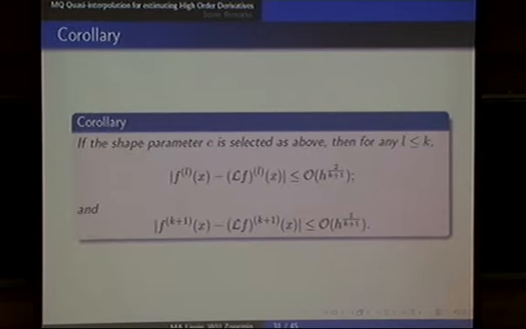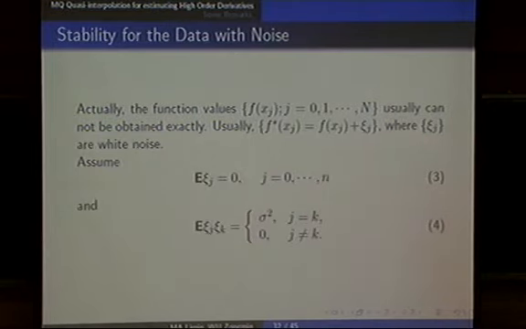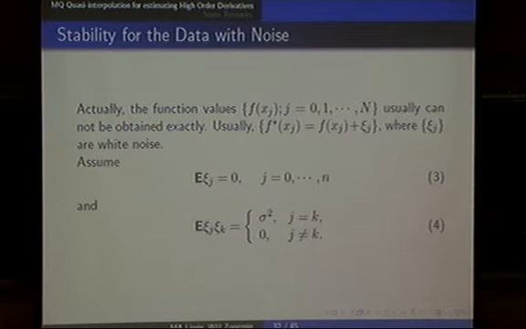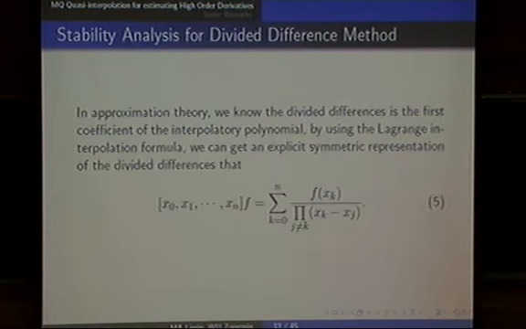This is not important. Okay, then we want to discuss the random error in the approximation. If we take data with a random error, and the error is white noise, then we come back to the divided difference.